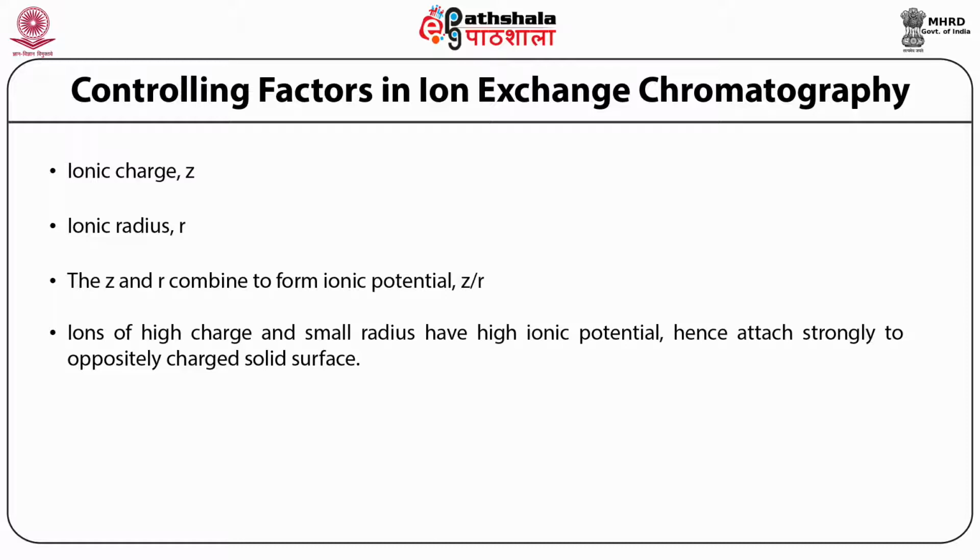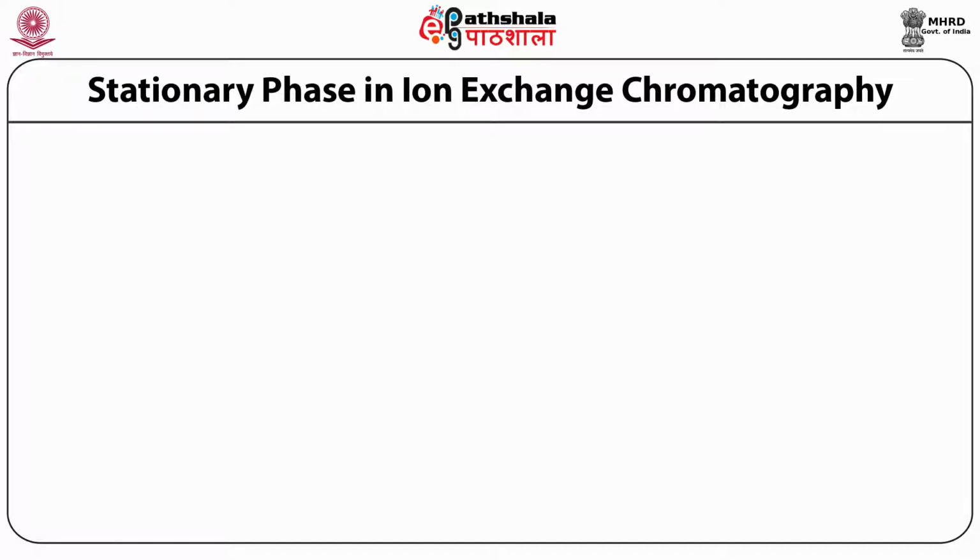By varying the chemistry of the mobile phase, we can carry out preferential elution using this contrast in bond energies. Now let's talk about the stationary phase that is used in ion exchange chromatography.